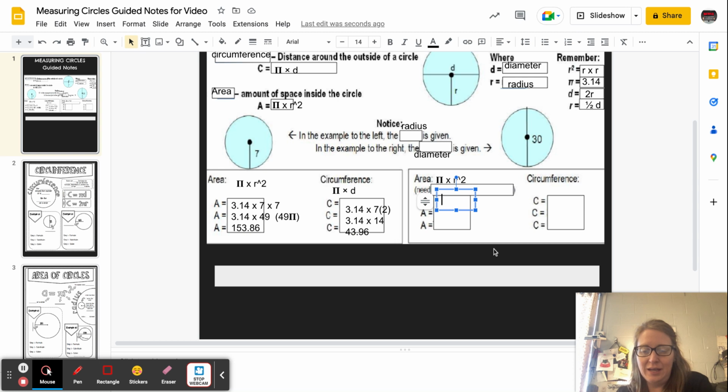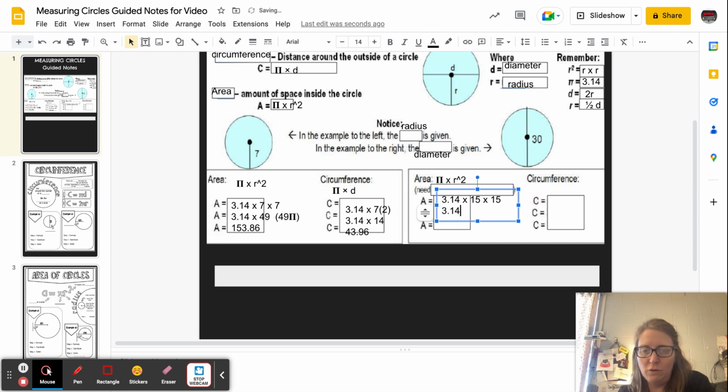So when we plug it in, we're going to put in 3.14 times the radius of 15 squared. So we're going to multiply it by 15 again. Okay, that's how you're going to get that one. And so 15 times 15, that's 225. Yeah, 15 times 15 is 225.